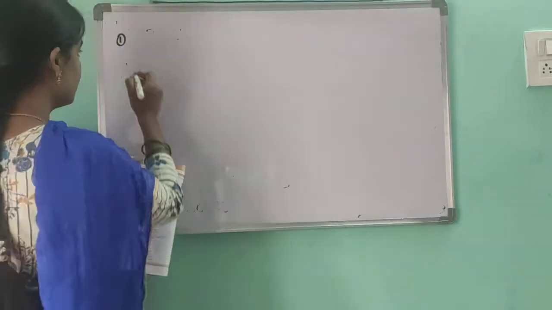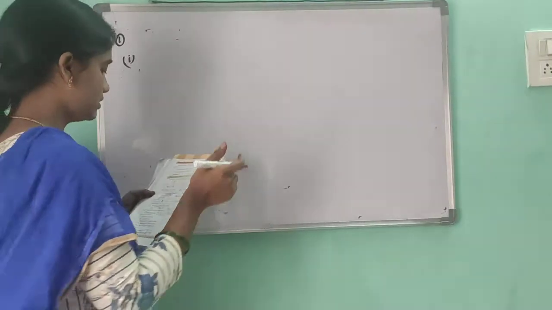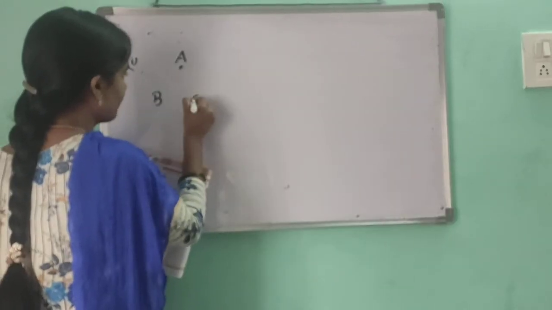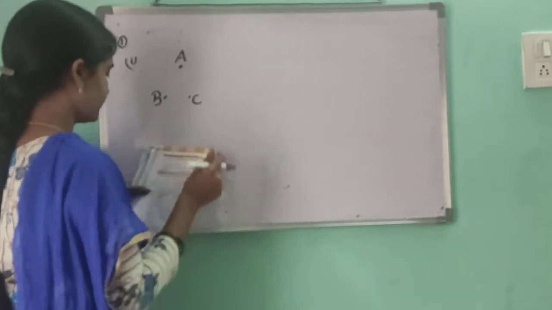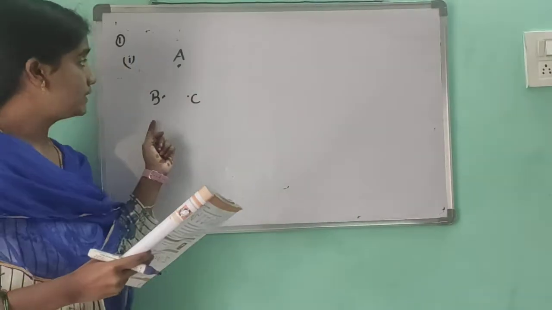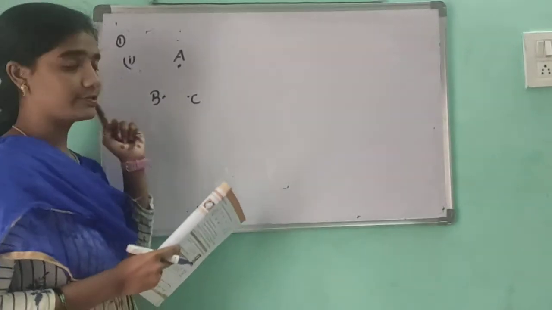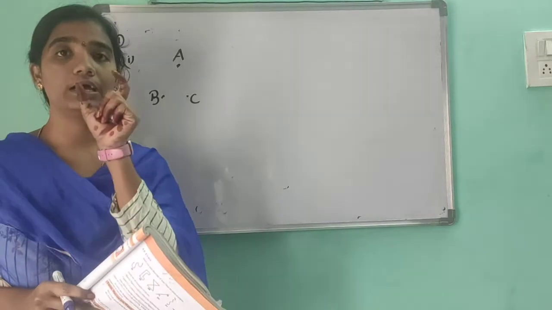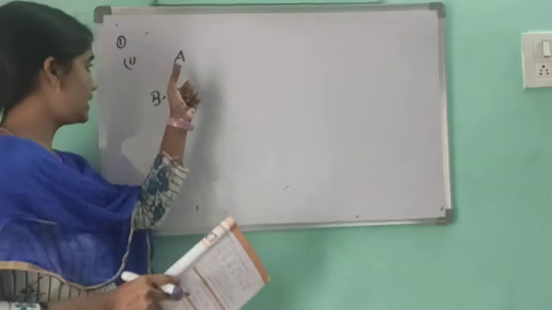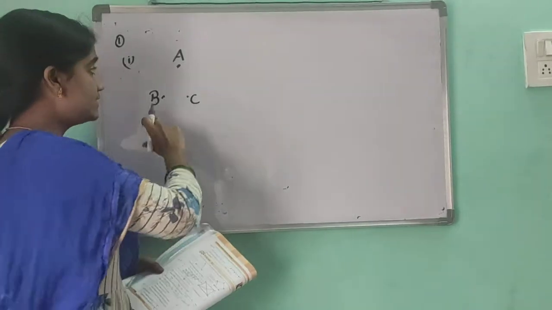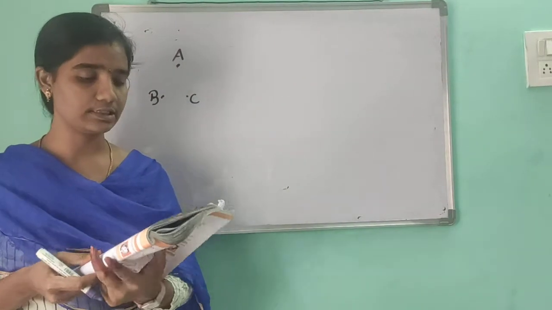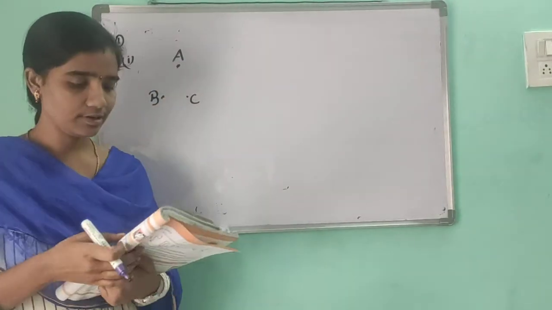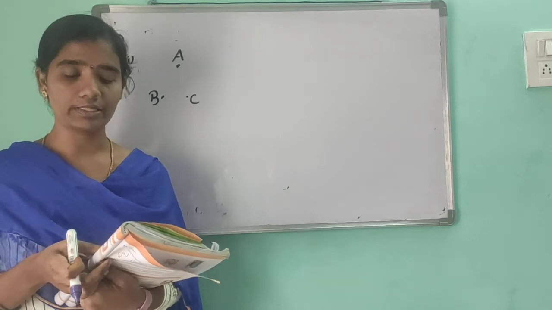In this first one, we are given some points A, B, C. We already know points can be represented by capital letters A, B, C. By using these three points, join the given points and name the line segments formed in the figure.